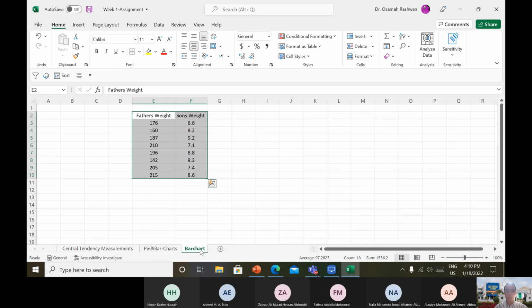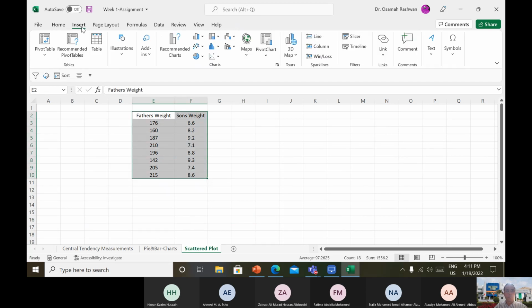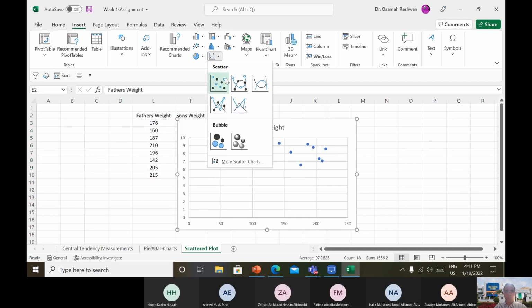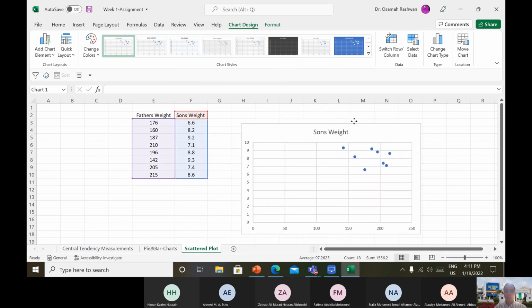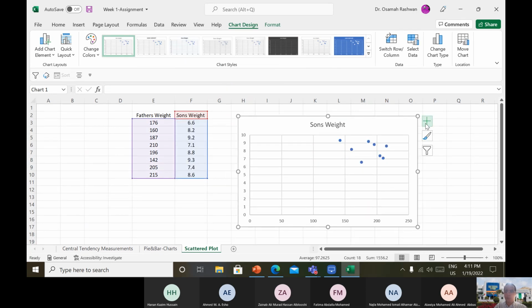Guys, they call it a scatter plot. You remember this one? Okay. Scatter plot. When I go like that, insert. Yes, I prefer which one? Yes. So I look at this one.